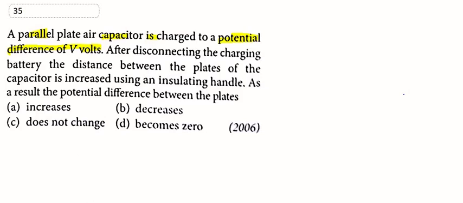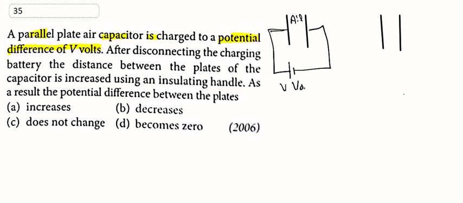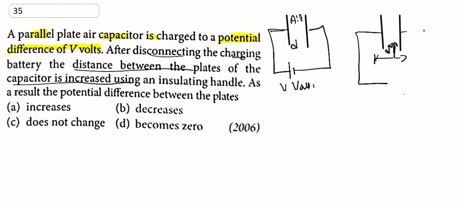There are two diagrams; the first one is with air. The capacitor is charged with potential difference V volt, and then after disconnecting it from the battery, the distance d between the plates of the capacitor is increased.